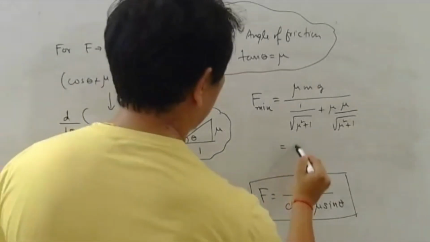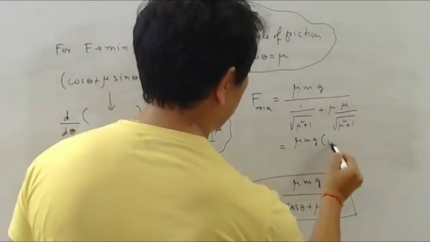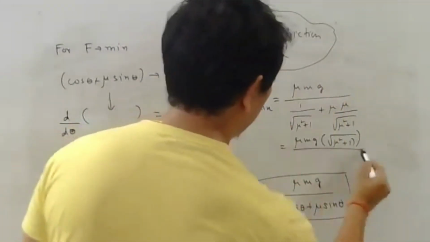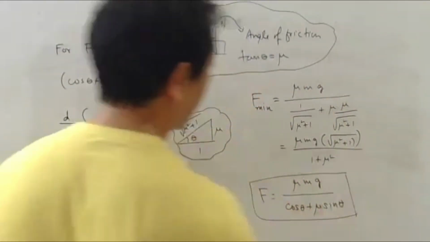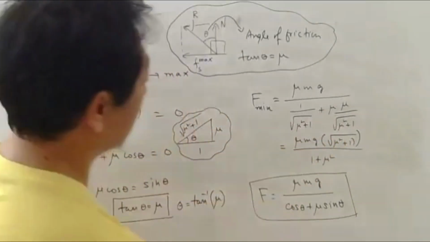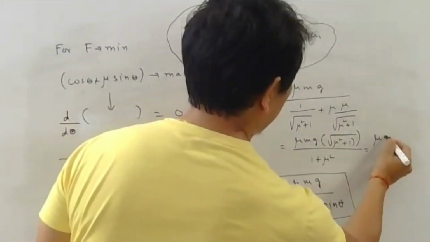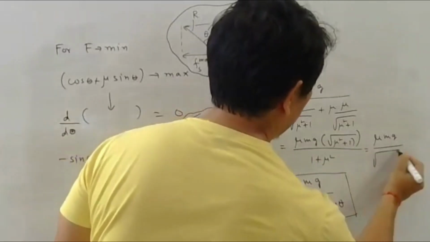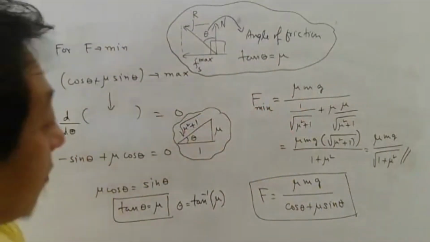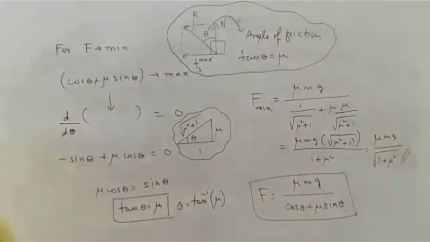So F will be equal to mu mg times root over mu square plus 1, and in the numerator we get 1 plus mu square. Root over 1 plus mu square cancels. You finally get mu mg by root over 1 plus mu square. This is the minimum value of applied force.